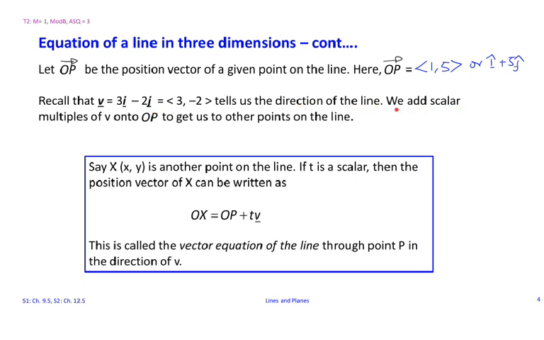Then we add scalar multiples of v onto our position vector OP to get all the other points on the line. So we are left with OX, our point along the line, equal to OP plus tV. This is called the vector equation of the line through the point P. So your P is your origin, your starting point almost.